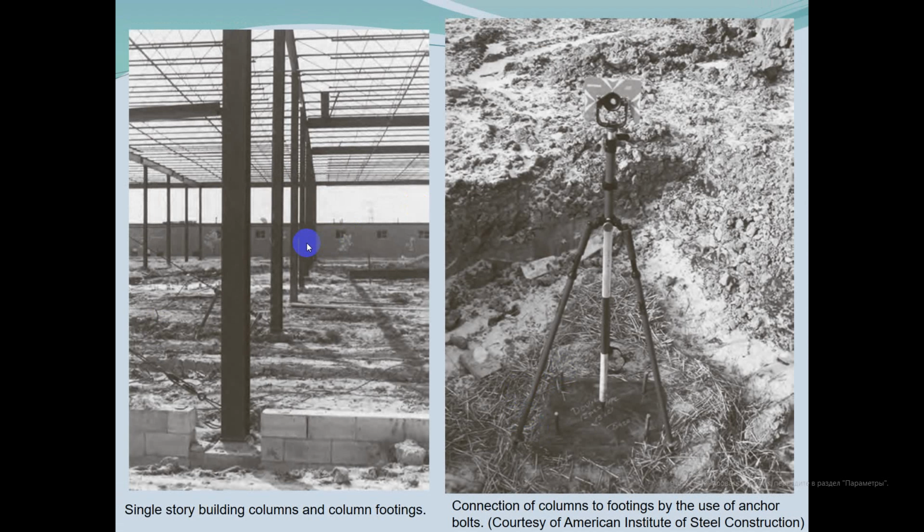Here you can see the steel work for a single-story commercial building. And the columns shown have been bolted to the footing anchor bolts previously laid out by the surveyors.